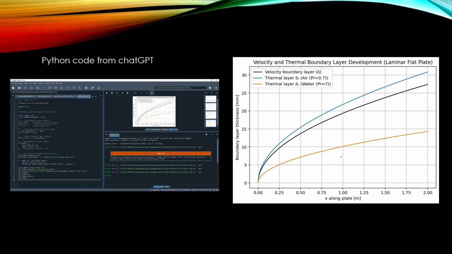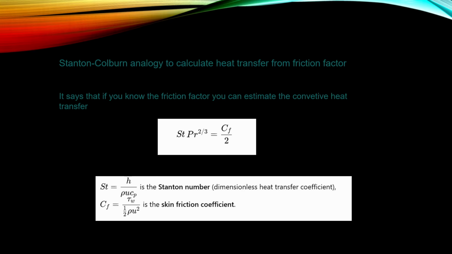And if we have water flow, we will have a boundary layer thickness of around 15 millimeters. So it's much thinner compared to the air case. If you are reading a publication, you can meet the so-called Stanton-Colburn analogy. It's saying that if you know the friction factor, you can calculate the heat transfer.